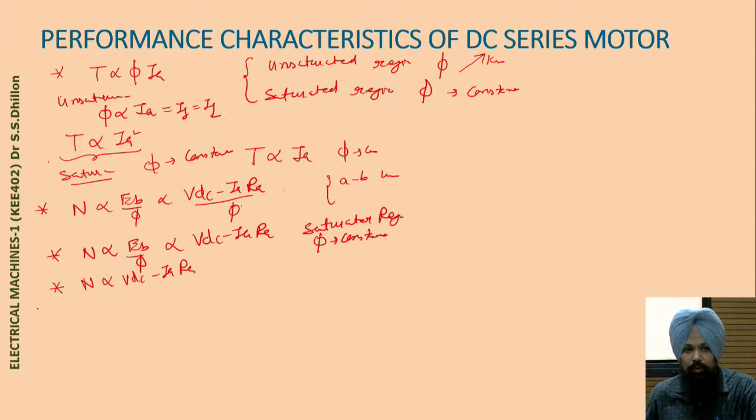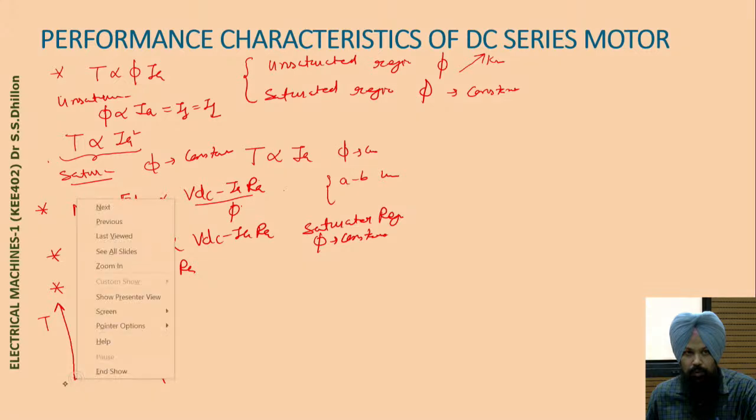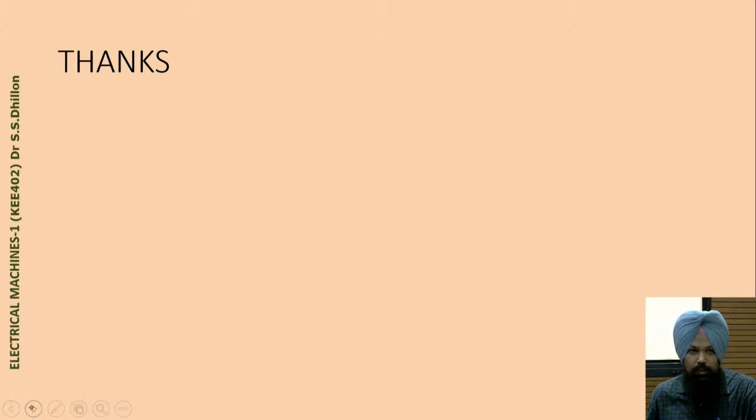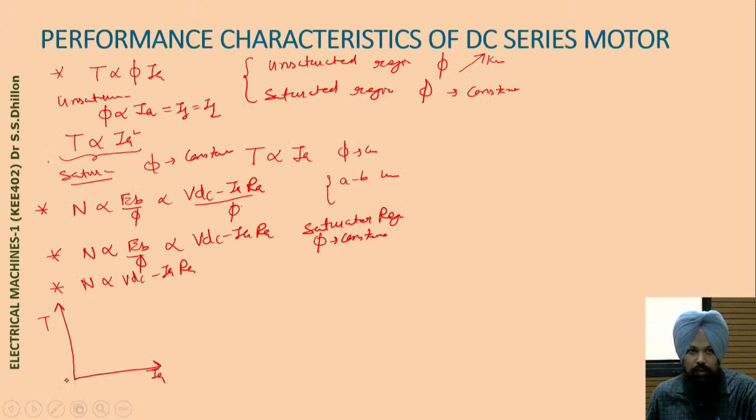Now come to the performance characteristics. I'm going to draw over here the curve between the torque and Ia. This is Ia and this is the torque. For the initial small values of the current, our torque follows a parabolic path, and after that it moves like this.